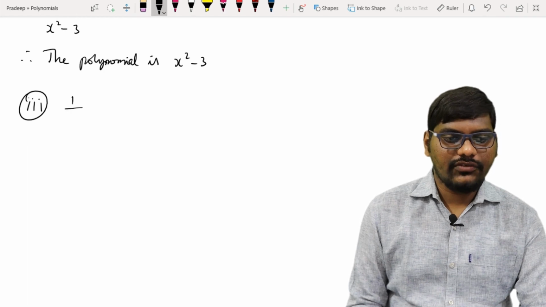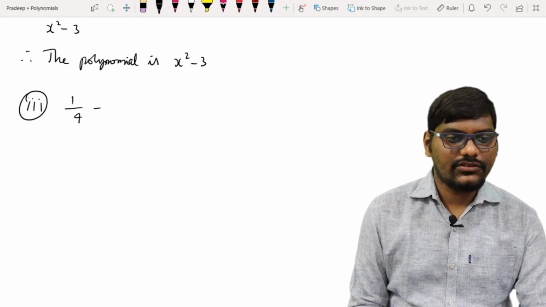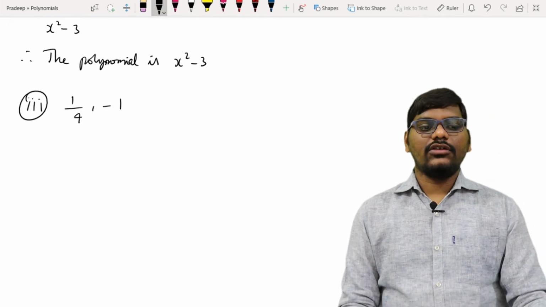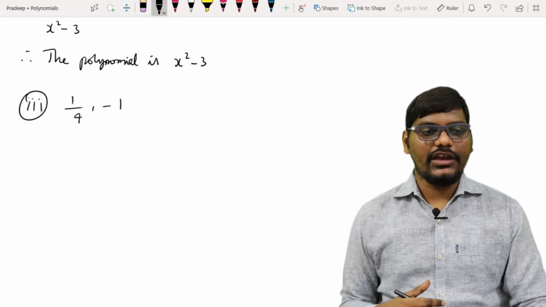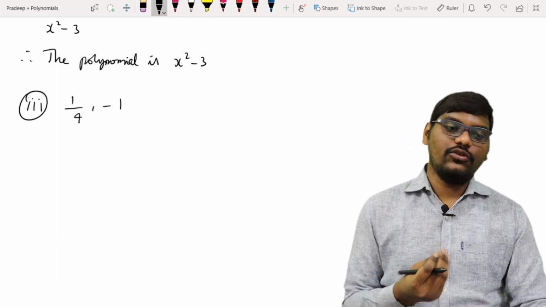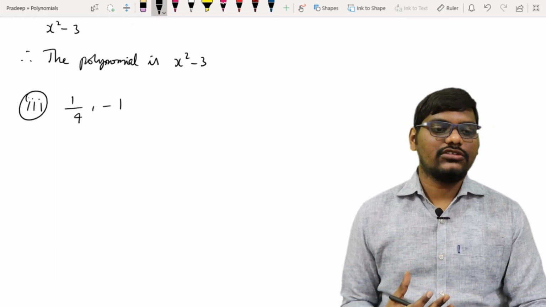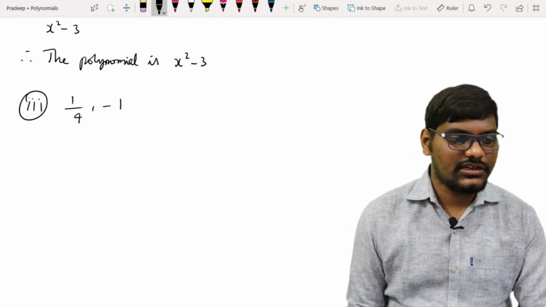The question is 1 by 4 and minus 1. So this is the question. So now these are the zeros of the polynomial. So by using this 1 by 4 and minus 1, we have to find out the quadratic polynomial. So let's see that.